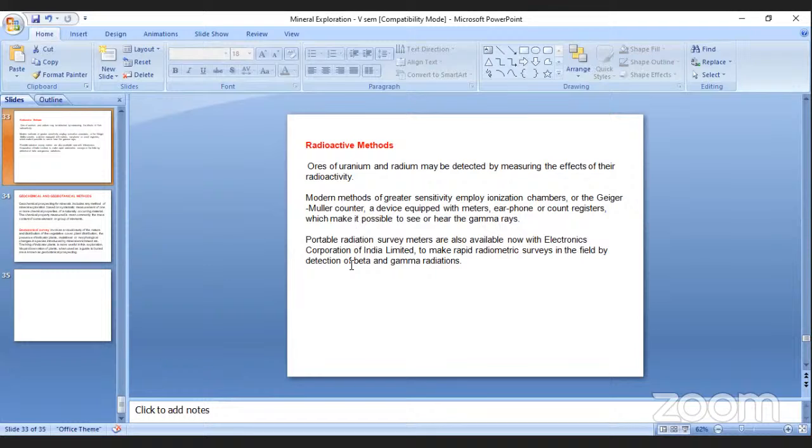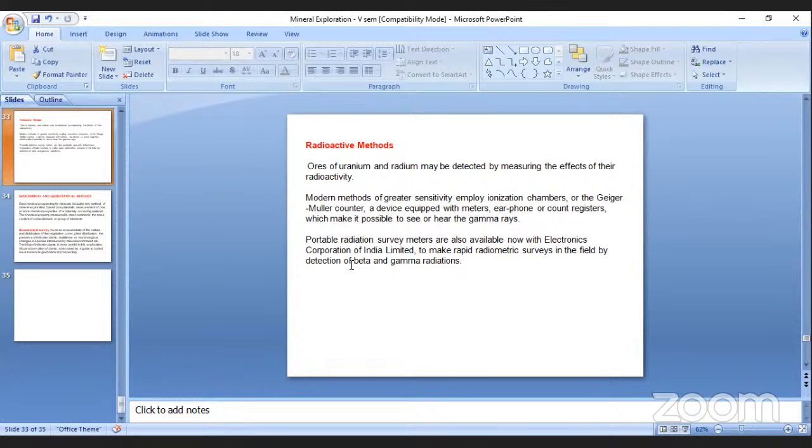Here, there are modern methods we are following. The first one is the Geiger-Muller method, and this device is equipment equipped with a meter, and it has earphones also.